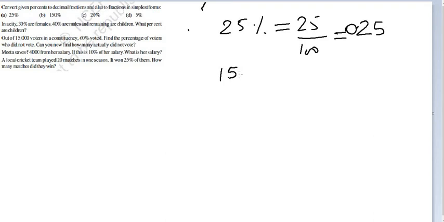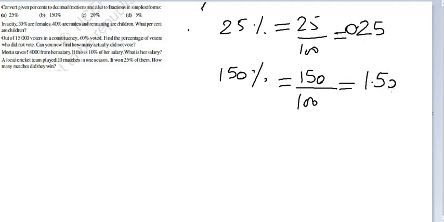Similarly, 150 percentage. So we write it as 150 upon 100. So here we have to put decimal of 2 digits. That means 1.50. You can see these are the 2 digits.